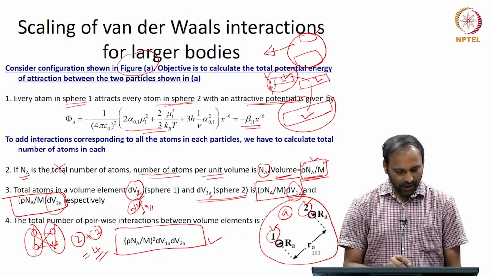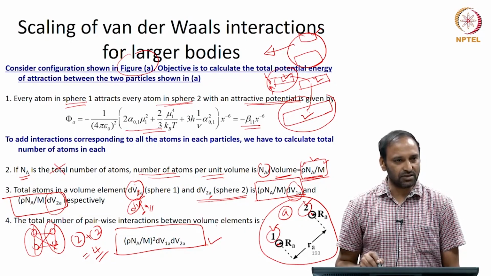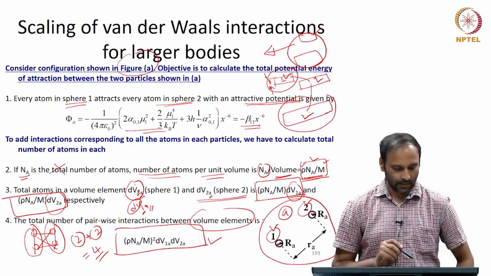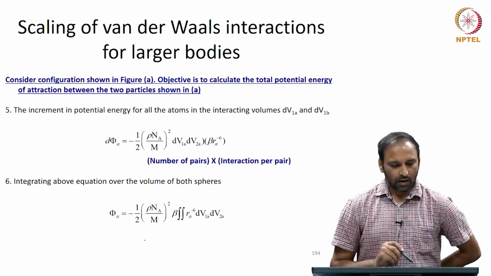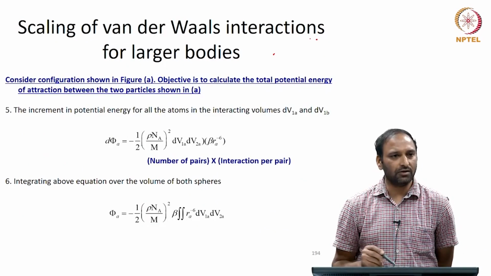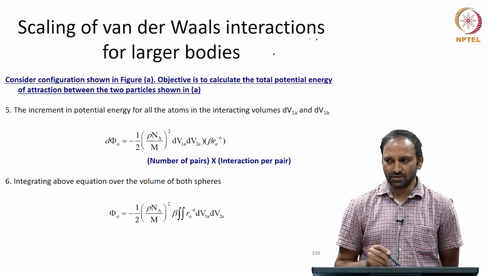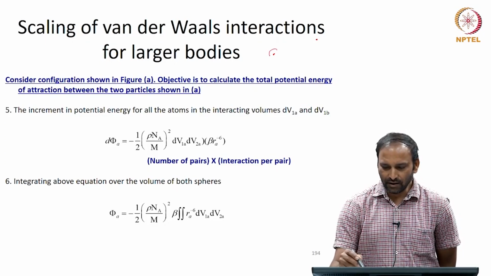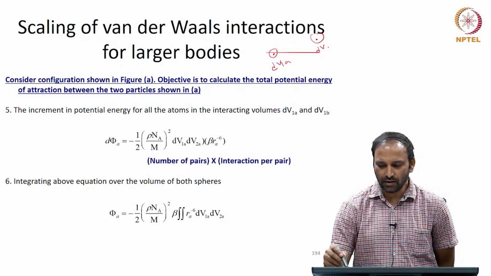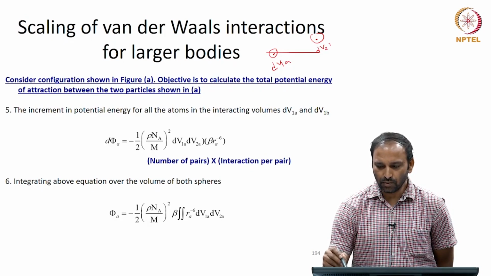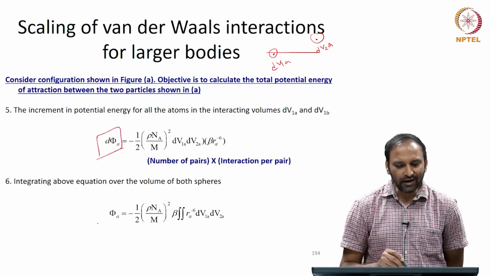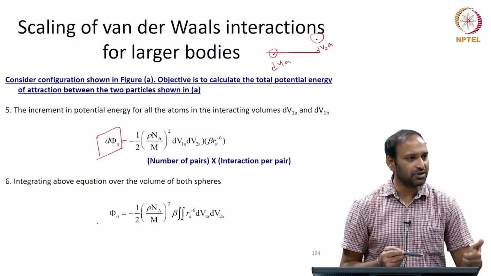Therefore, the total number of pairwise interactions between the volume elements that we have considered is this. So, now instead of considering individual atoms or molecules, I have taken a differential volume, dV1A and dV2A. Then I can think about the increment in the interaction. They were interacting by some energy earlier.